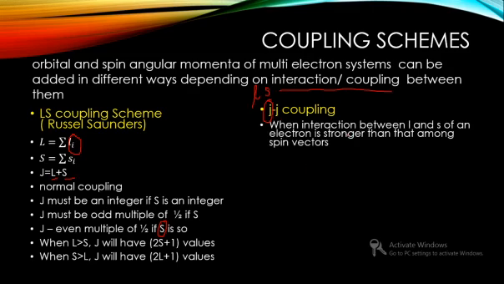It is because the interaction between orbital angular momentum and spin angular momentum is stronger than that among the orbital momentum alone or spin momentum alone. So this is for a single electron, and it will proceed for the other electrons also, and correspondingly for an atom it will be just the sum of the angular momentum corresponding to each electron.